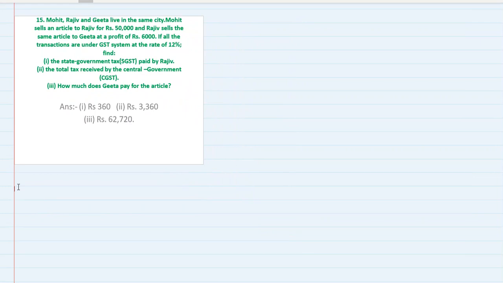Mohit sells an article to Rajiv for rupees 50,000, and Rajiv sells this same article to Geeta at a profit of 6,000. Okay, so Mohit, Rajiv, and Geeta. That's the chain in this commercial link. Mohit to Rajiv to Geeta.